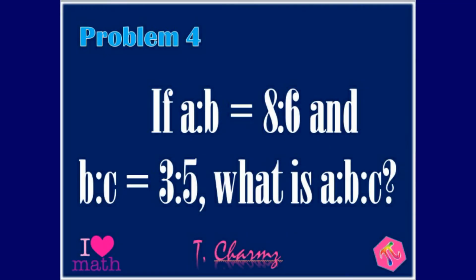Next problem. If A is to B is equal to 8 is to 6 and B is to C is equal to 3 is to 5, what is A is to B is to C? The timer starts now.